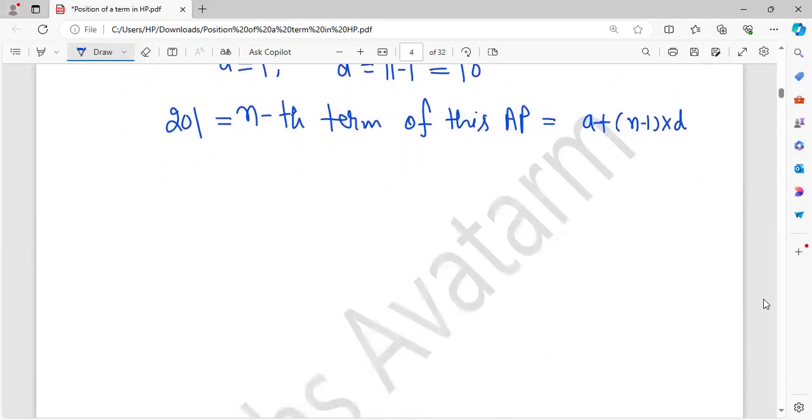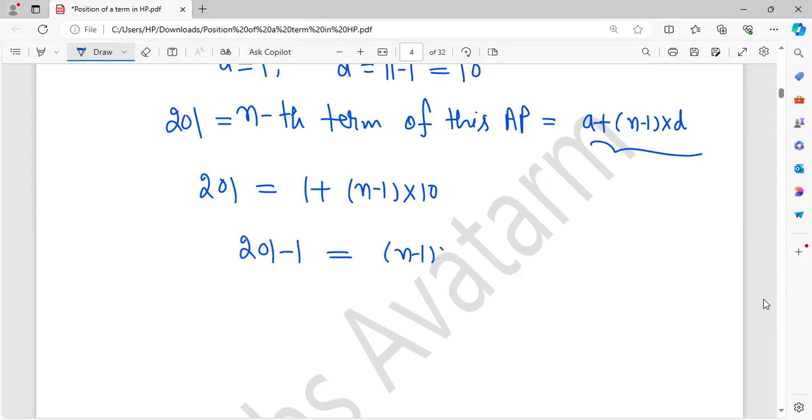So this is 201. You put in this formula 1 plus n minus 1 into 10. So this is 201 minus 1 equals n minus 1 into 10. So this is 200 equals n minus 1 into 10. So the 10 will be cancelled out. So this implies 20 is equal to n minus 1.